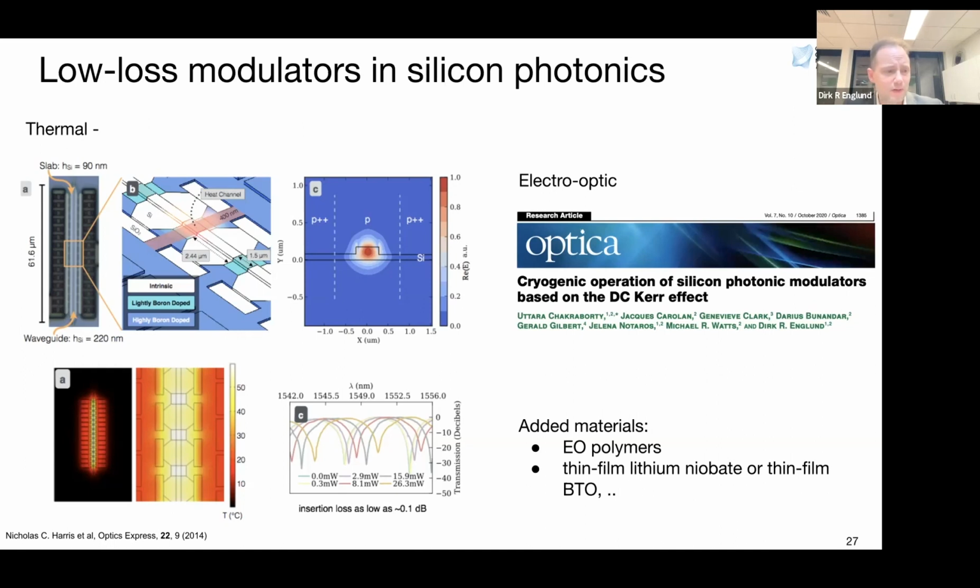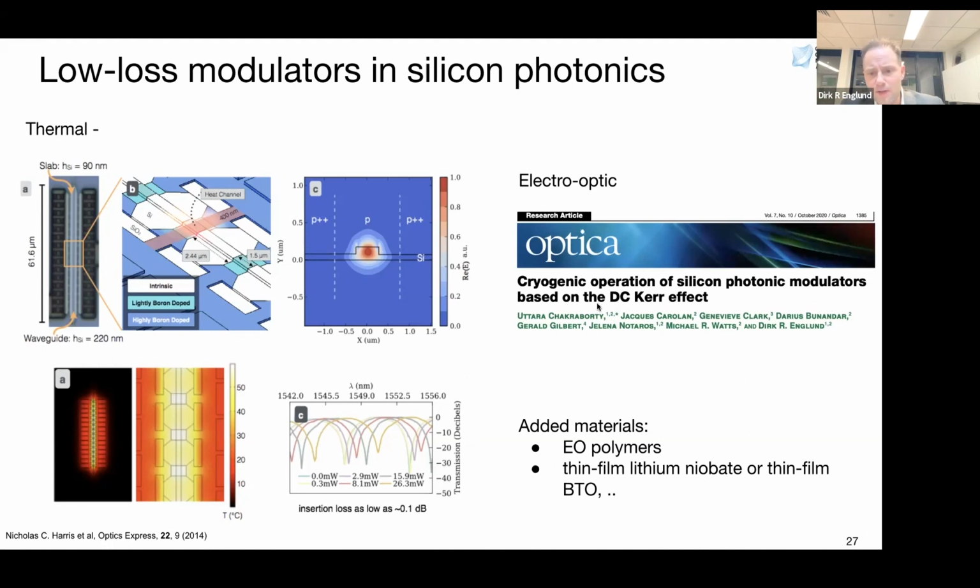If you have, like in our case, a few hundred phase shifters, that's fine. The overall power is still below or near a watt. But that's not going to work for cryogenic applications, for example, because you would be battling your cryostat pump.